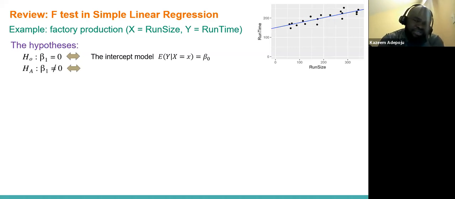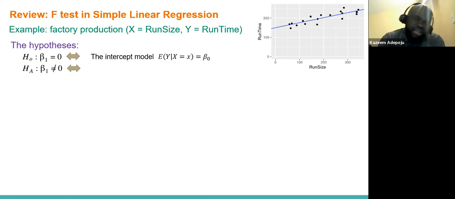If it is equal to beta naught, and beta naught is constant, then there's no connection between the run time and the run size. What this implies is that on average, it's going to take the same time to run different sizes.